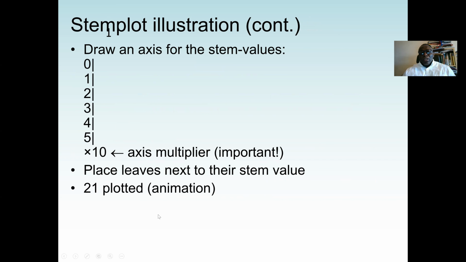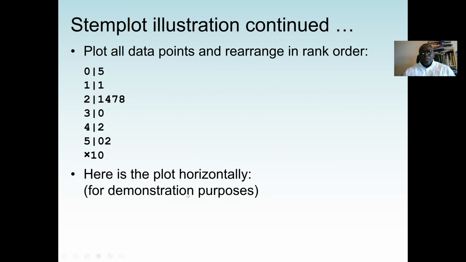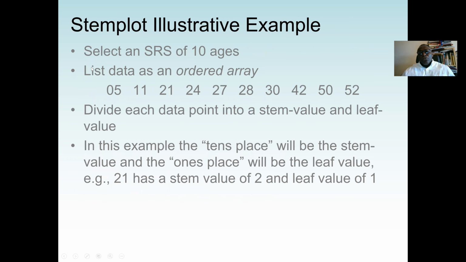Then we start with the leaves. The first value we get was 1. The rest of the values are given. The number of leaves should be 10: 1, 2, 3, 4, 5, 6, 7, 8, 9, 10. Remember, the first value was 05, so in the 0 stem, we put 5.